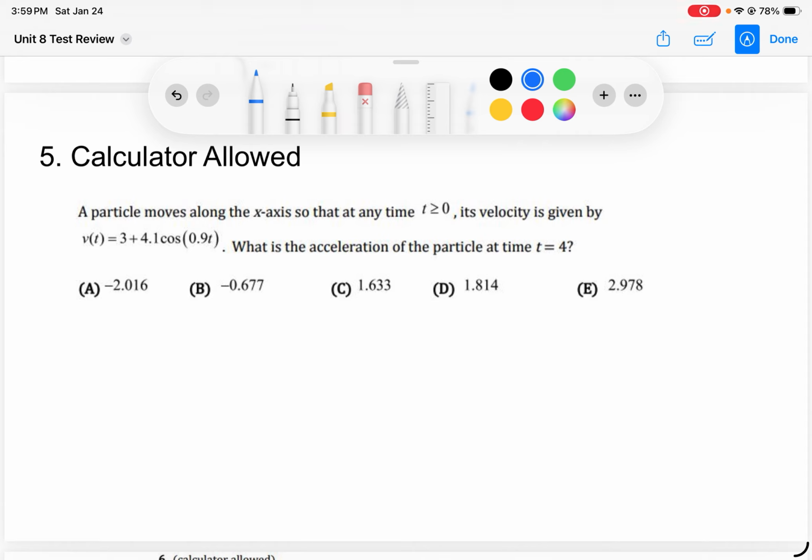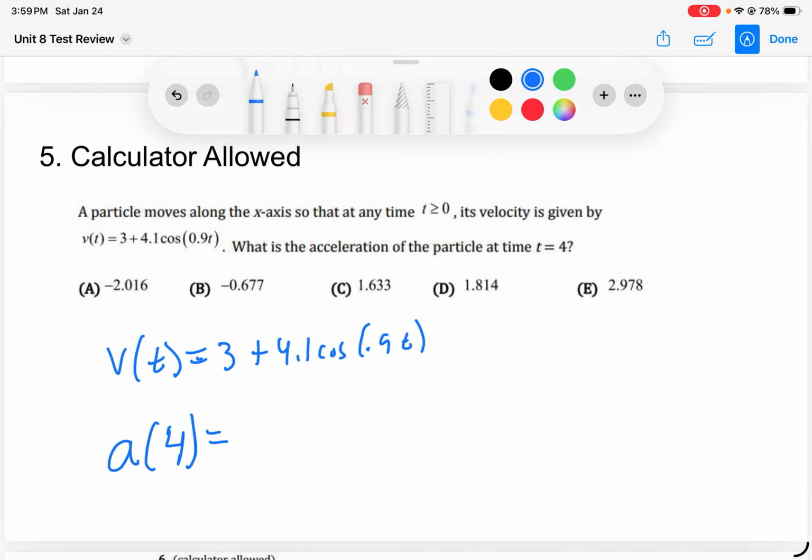But since it's calculator active, in Desmos, define v: v of t is equal to 3 plus 4.1 cosine of 0.9t. Define that. And then in the next line, acceleration is just the derivative of velocity. But in Desmos, you can't say a of 4.